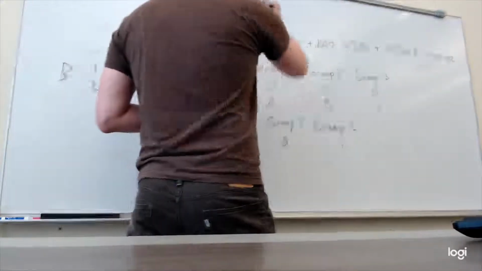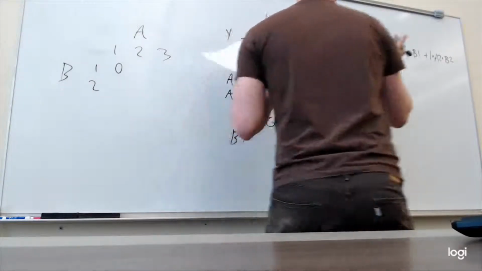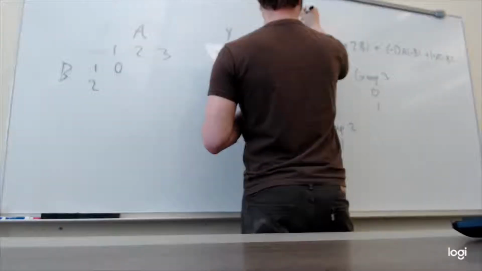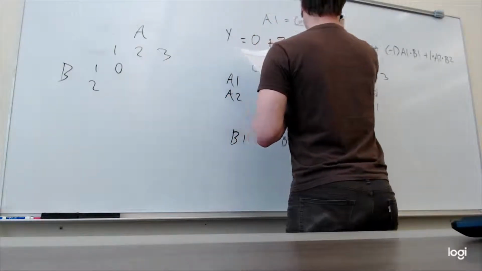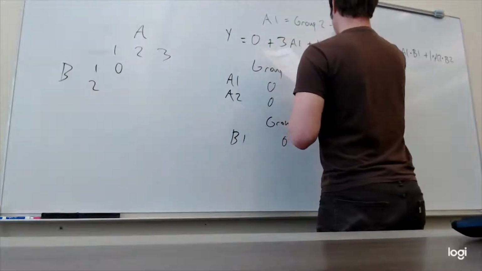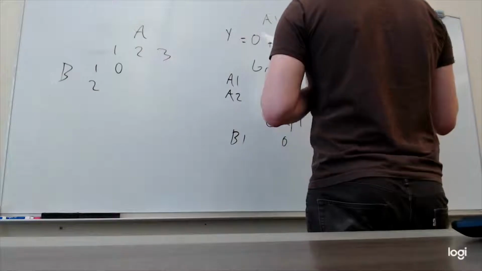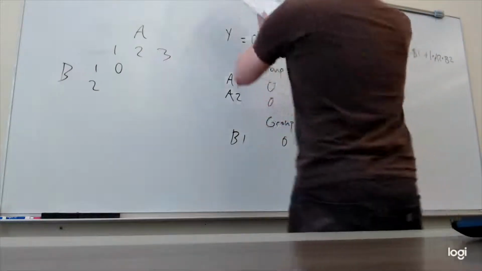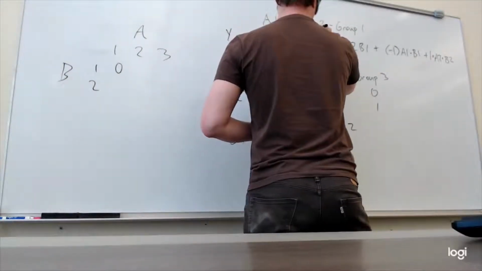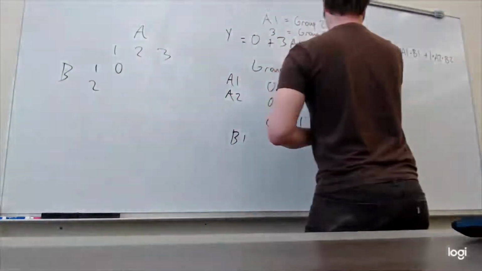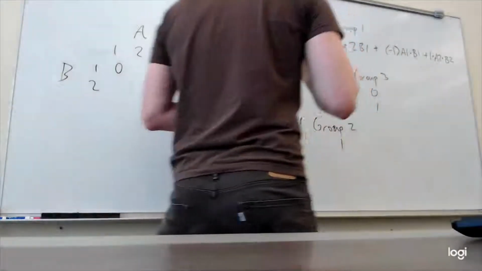I could say A1 equals group 2 minus group 1. I could plug in 0 and 3 here. That would give me 3 for group 2.